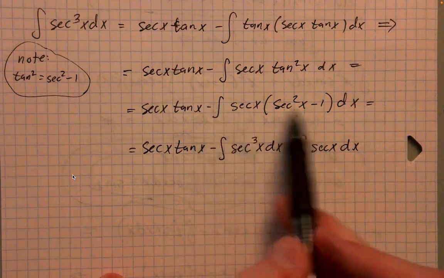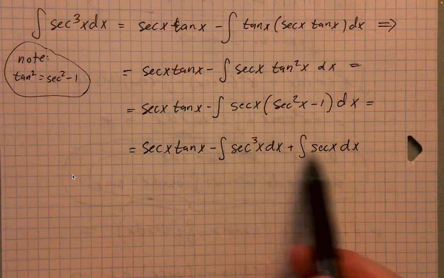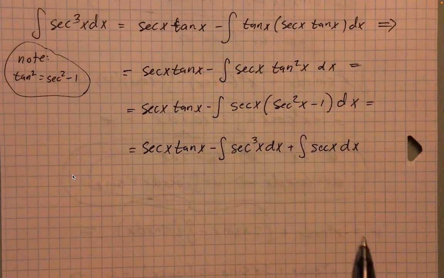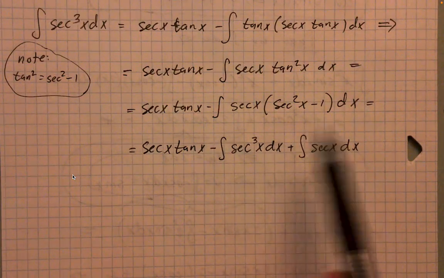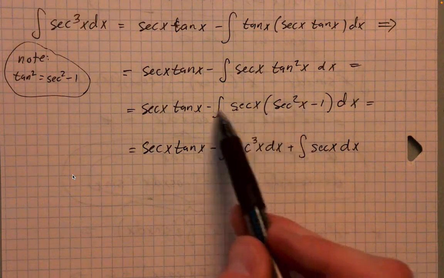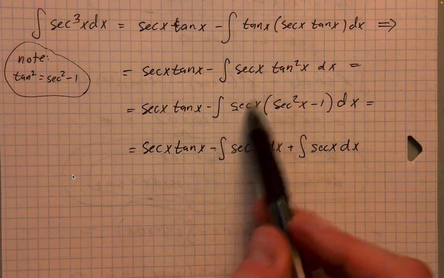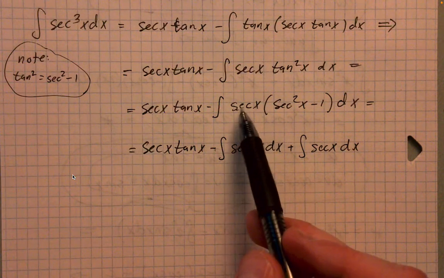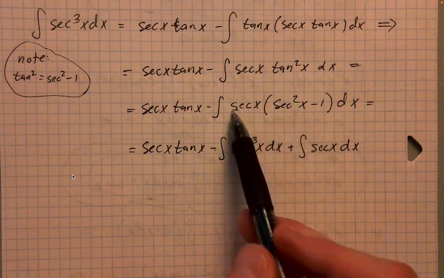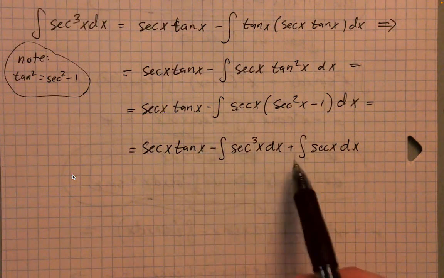So basically all I did here was distribute and then simultaneously pull them into two separate integrals. So I have secant cubed x, so that's minus secant cubed x. That's this part, these two. And then this and this would be a negative secant x, and then it's minus, so it becomes plus secant x dx.